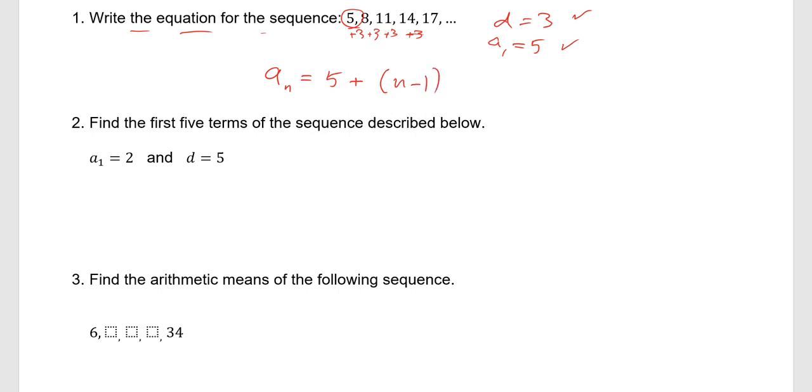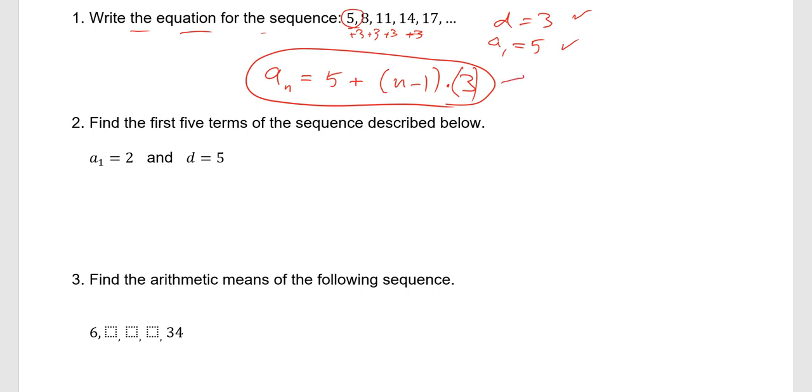Well, because this is the general equation for the sequence, which would allow us to determine any term in the sequence by just plugging in the order of that term. So a sub n equals 5 plus n minus 1 times d, which is 3, times 3. Right, or I can just have it in parentheses. Okay, and this is my equation for the sequence.